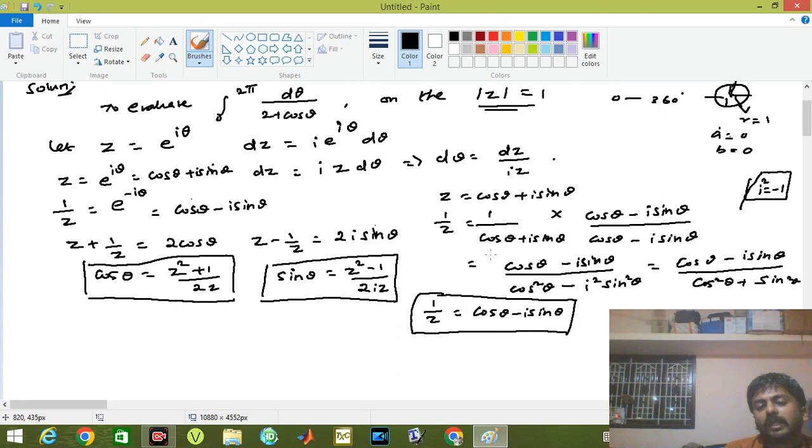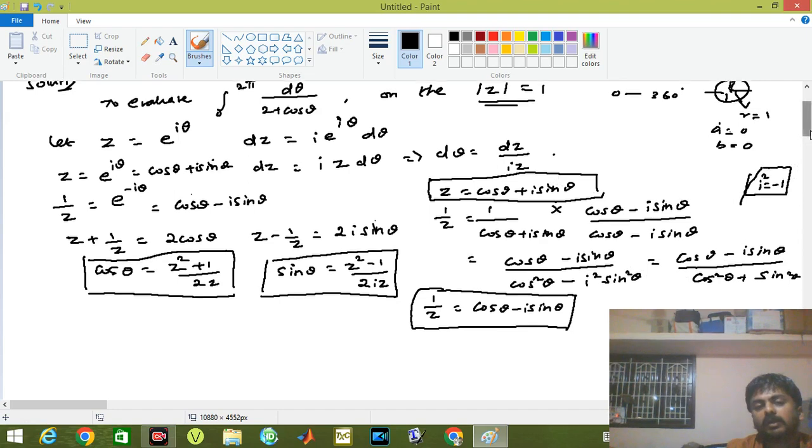So this is another way of writing the values of the parameters.